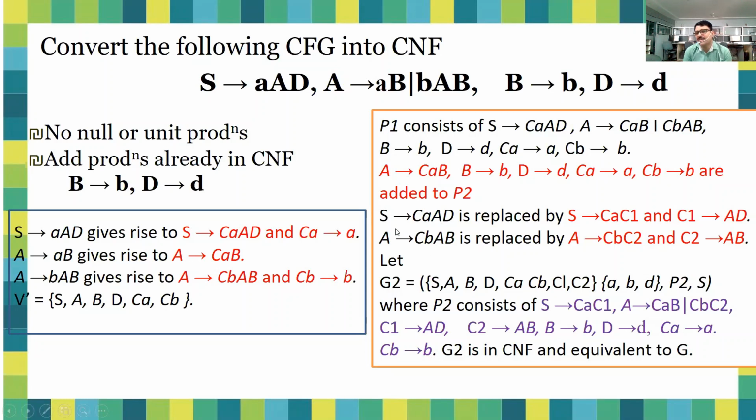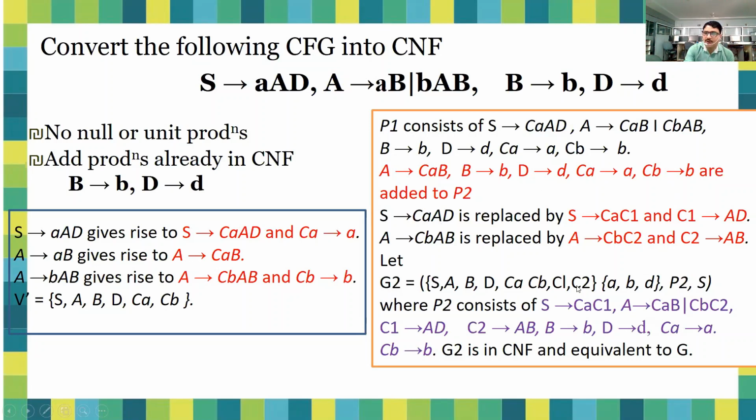Just start with writing the grammar. A grammar is just a set of four tuples: the set of variables, the set of terminals, the production rules, and the start symbol. So we have to write all the variables in a particular set. Here all the variables are S, A, B, D, CA, CB, which you assumed, and finally C1 and C2.